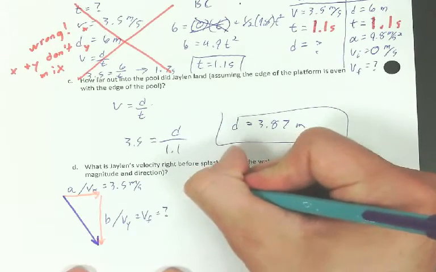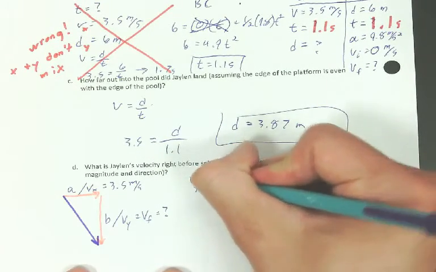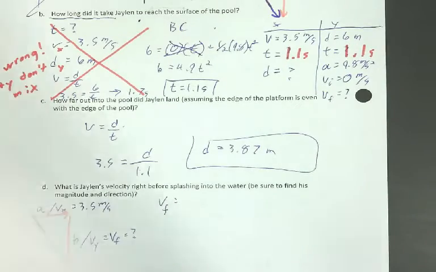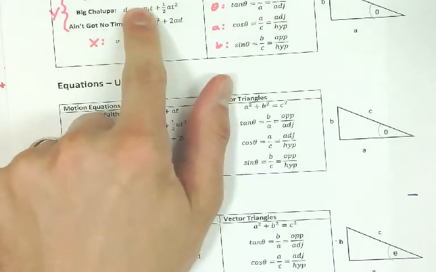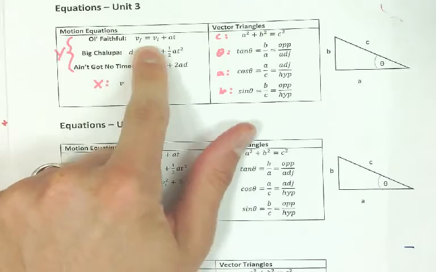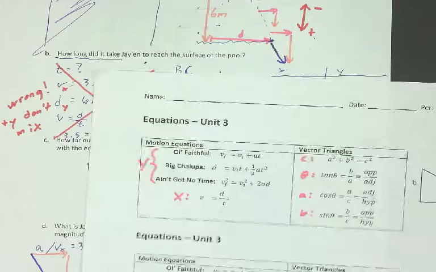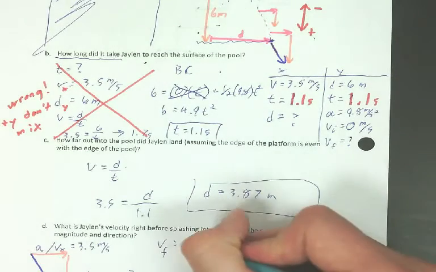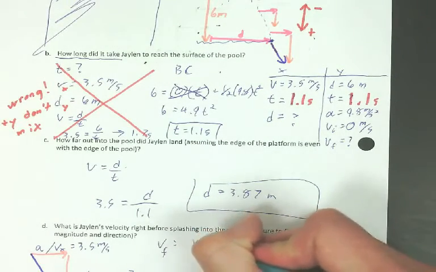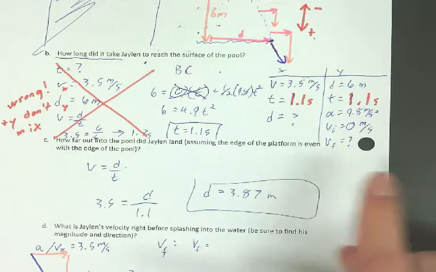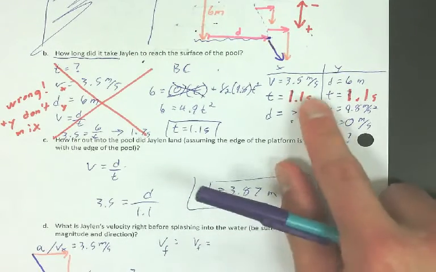So final velocity, we're going to be doing a y column thing, so we can only use y equations. Well, I've solved everything except for final velocity, so I might as well use Old Faithful. It's going to be the easiest. So v final equals v initial. Again, I need to use only y numbers, so I'm not using 3.5.